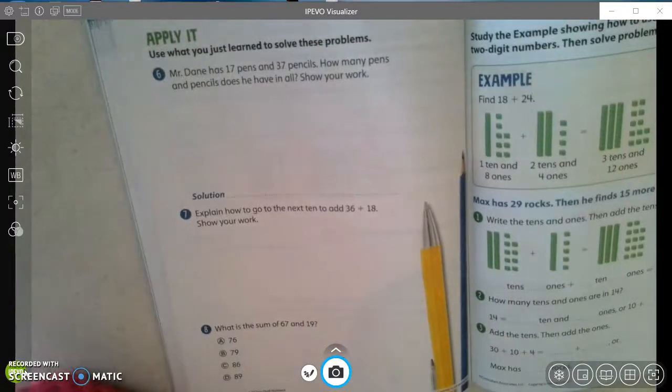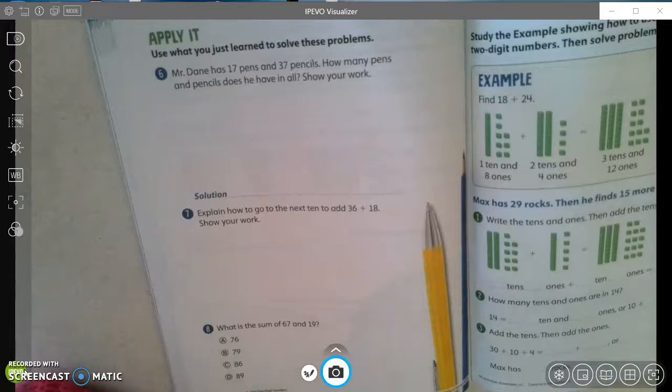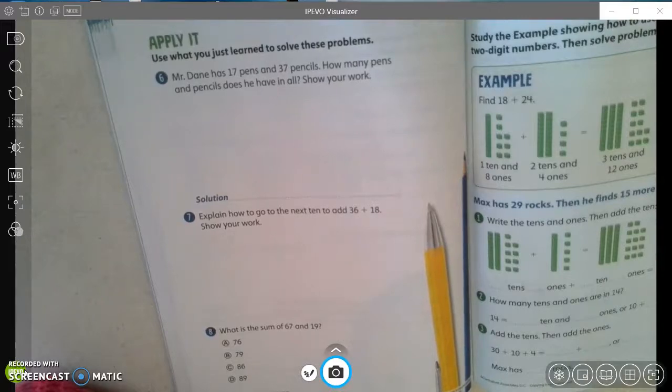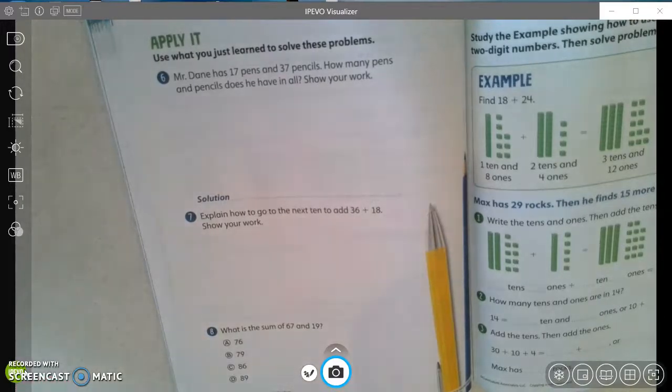For the apply it, these are some new math problems that I want us to think about, okay? So we're done with the 34, 38, and 45. Mr. Dane has 17 pens and 37 pencils. How many pens and pencils does he have in all? Show your work.